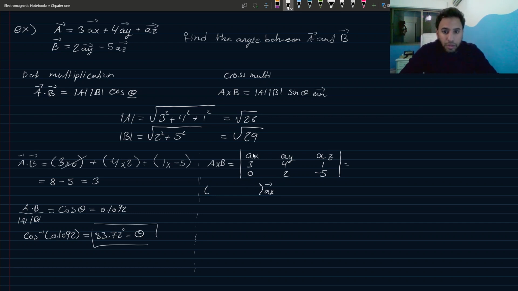Now, as we said, we cross the AX horizontally and vertically, and then we go to the right and multiply the first component with what's diagonal to it, -5, minus the remaining components, 1 times 2, plus, we open two parentheses, AY.